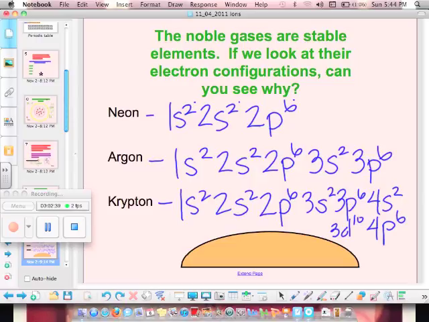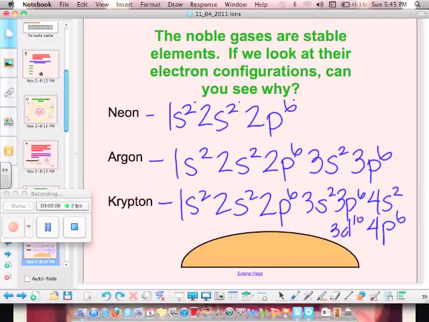Think about ionization energy and electronegativity. If my orbitals are filled in the highest energy level, do these electrons need to be taken away? Can they be stolen by another atom? Well, no, because they're filled, and so they have enough people to support them, or electrons, I should say.